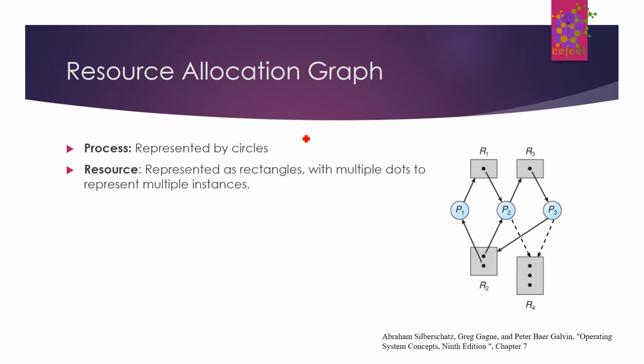We can see here processes P1, P2, P3, three processes are represented by circles, and resources are represented by rectangles. When there are multiple instances of each resource, we denote them using dots, like we have here for R2. So there are two instances of R2, which I've labeled as 1 and 2. And similarly there are 3 instances of R4.